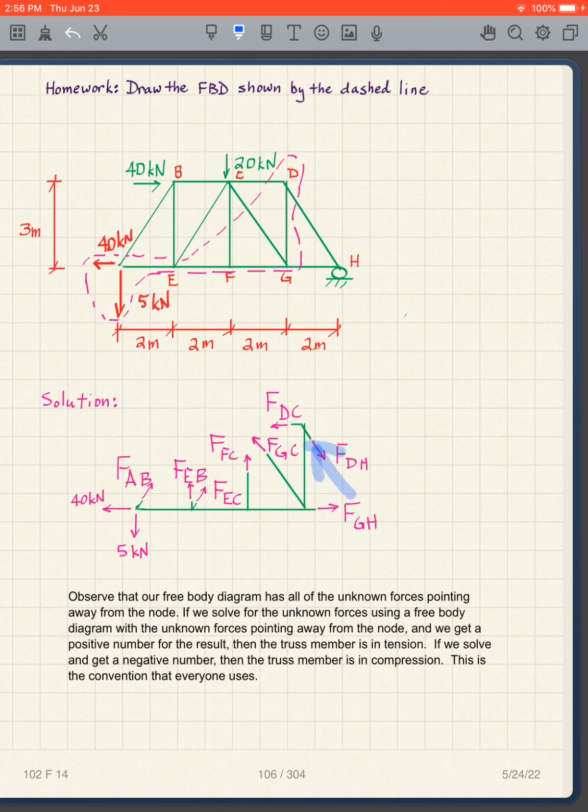This is pushing. This is pulling. If it's pulling, it's in tension. So if I get a positive number for this, then that arrow is correct, and I have tension. If I get a negative value, I flip the arrow around, and it's compression. Like I say, this is the convention that everyone uses.